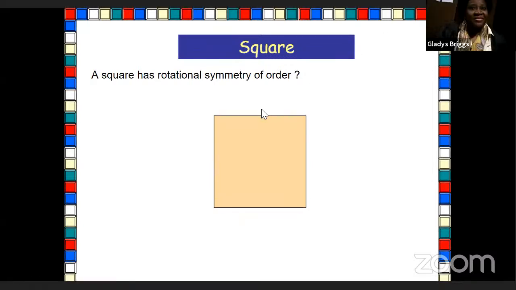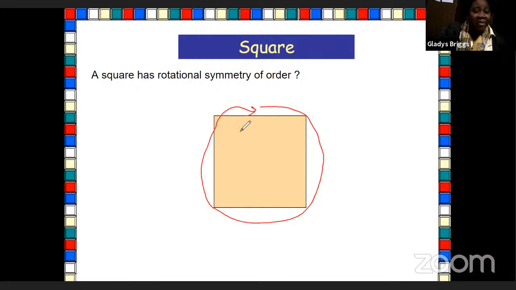Well, 1 is not going to be enough. Imagine that you're rotating it 360 degrees. Yeah. Imagine that you are turning this square 360 degrees, full turn. How many times will you get it onto this shape here in that particular spot?